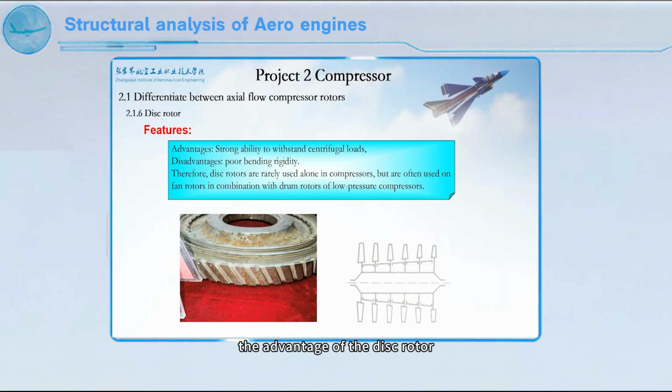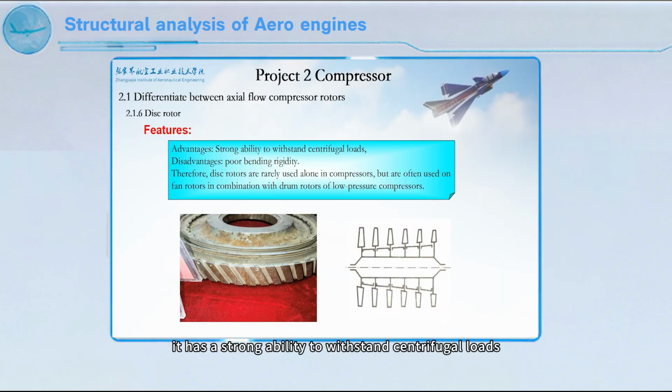The advantage of the disc rotor is that it has a strong ability to withstand centrifugal loads, but its bending rigidity is poor. As shown in the figure, in order to improve the bending rigidity of the rotor, a distance ring is added between the disc edges in the disc rotor, and the diameter of the shaft is thickened. This type of rotor is called a reinforced disc rotor.